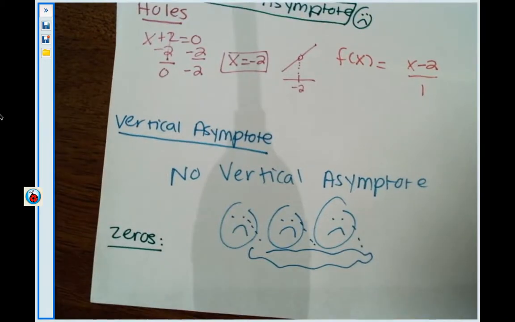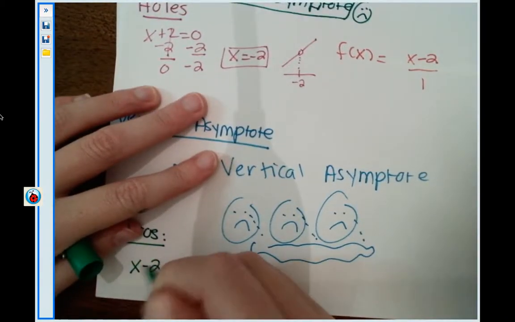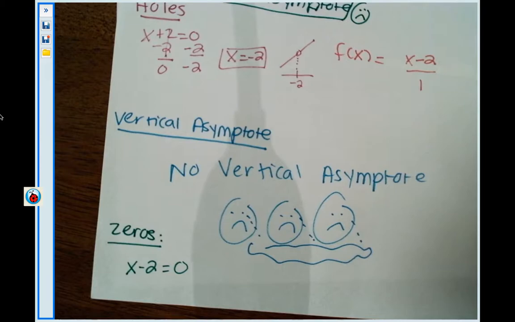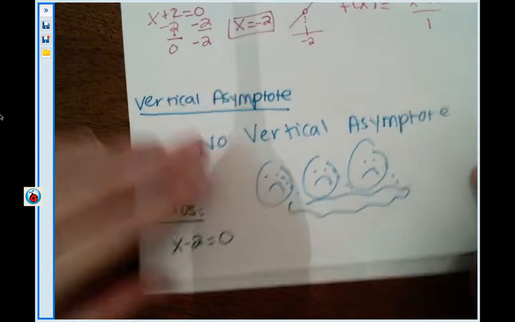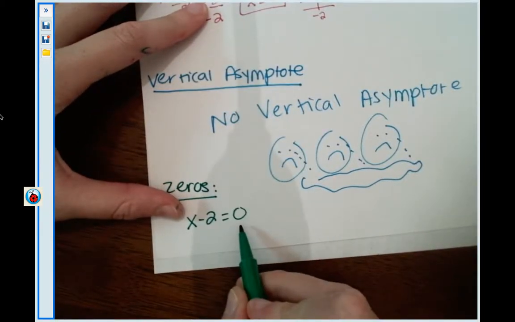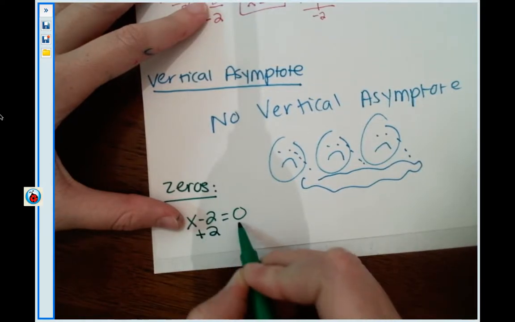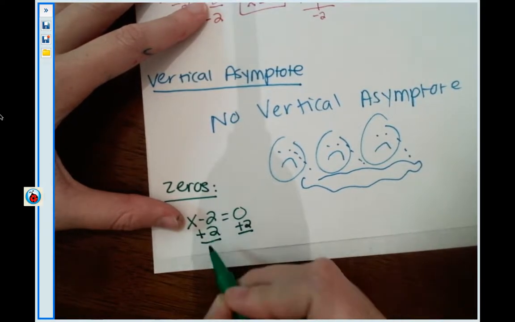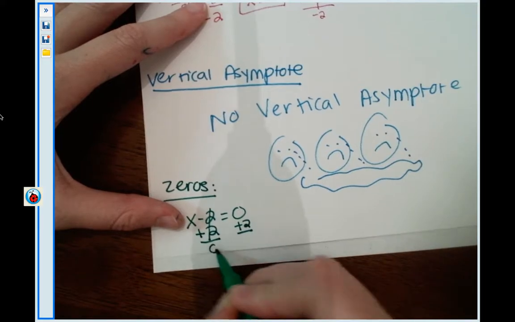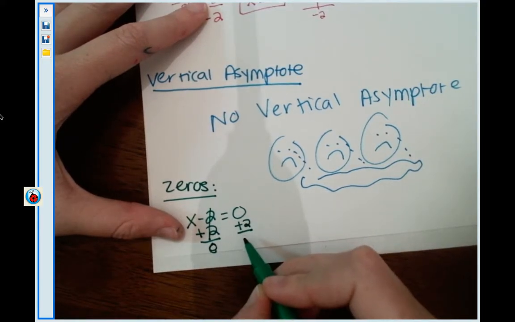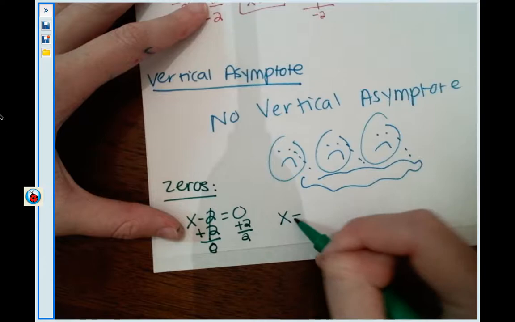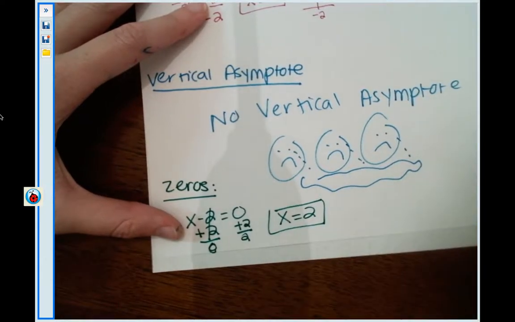So that's what I'm going to set equal to 0 for my zeros. Alright, so let's find where this thing hits the x-axis. So the way we bring negative 2 to the other side is by adding 2 on both sides. Negative 2 plus 2 cancels out and turns to 0. And 0 plus 2 is 2. So where the graph hits the x-axis is at 2.